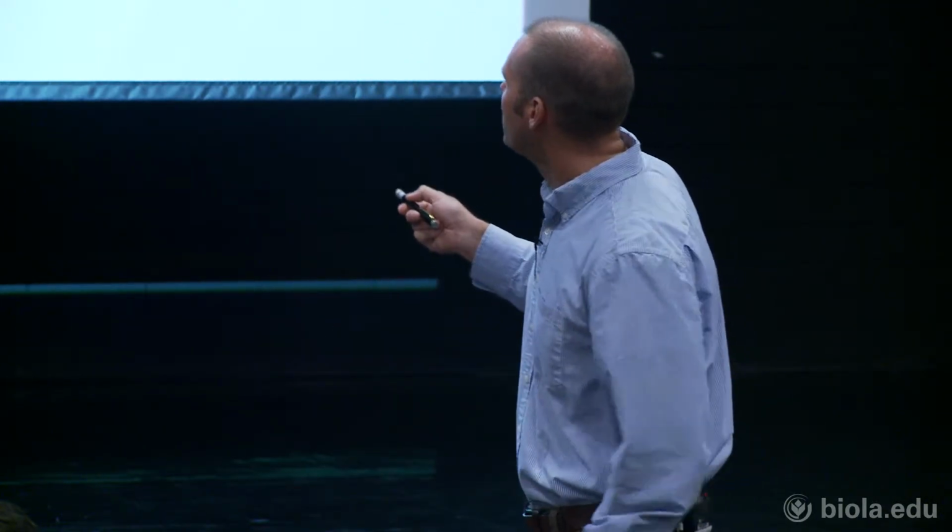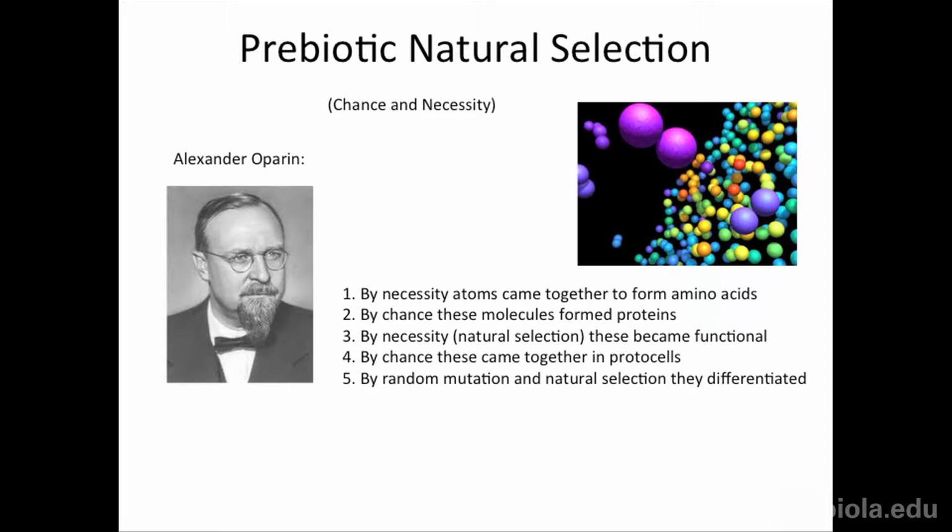But the idea is, necessity dictates some things come together. By chance, the molecules form proteins. By necessity, and by necessity he means natural selection, the only proteins that were functional are the ones that survived. So he's trying to say you can get random proteins coming together, but only the functional ones stick around. The problem still holds up: proteins by themselves can't replicate themselves.